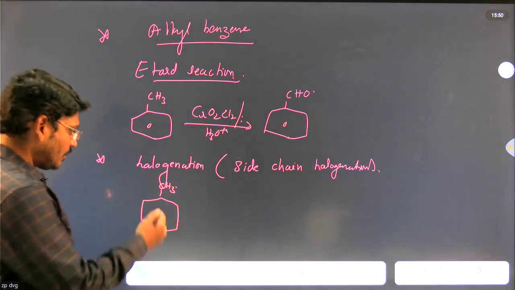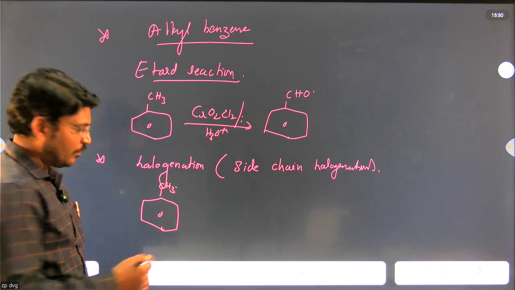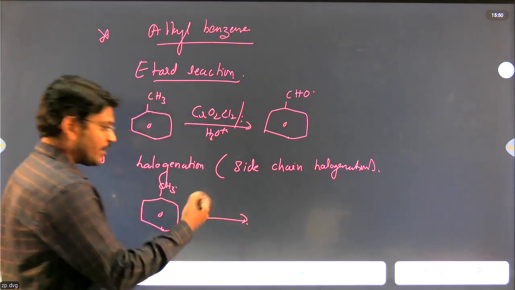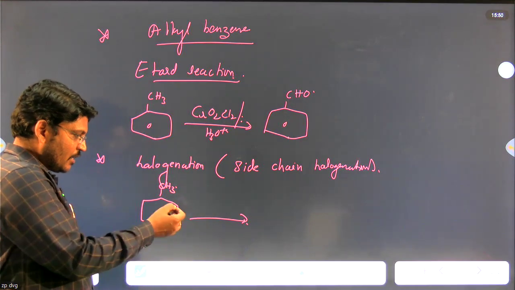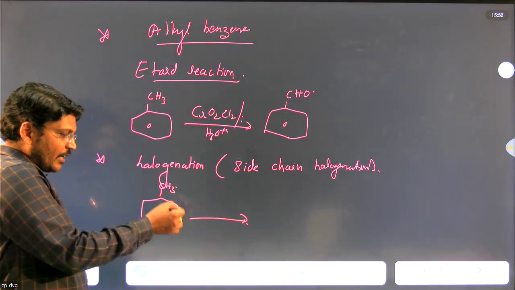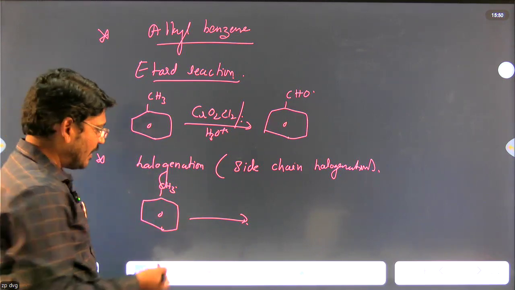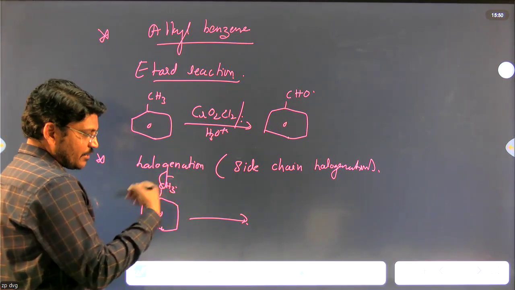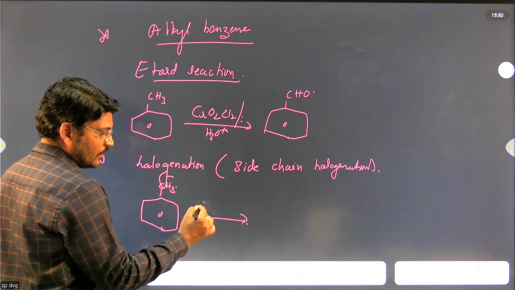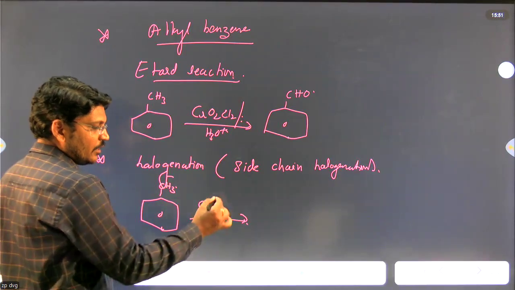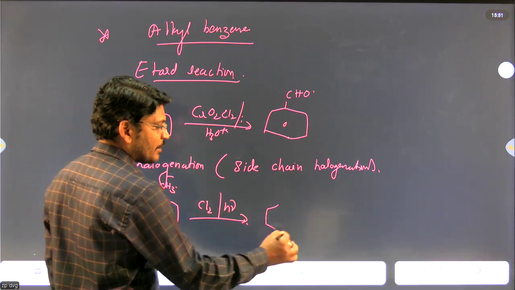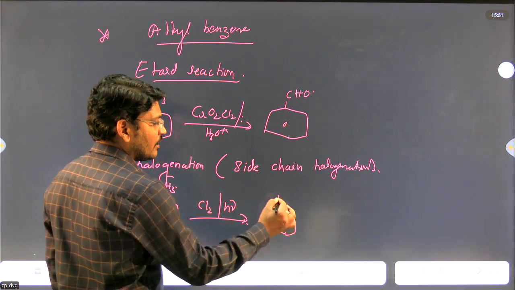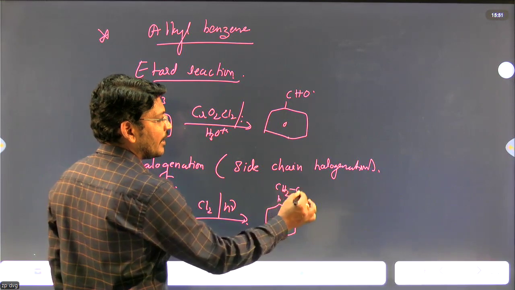We already know that the same benzene which contains a methyl group, if it reacts with chlorine in the presence of anhydrous AlCl3, the halogen is directly attached to the benzene ring. But here we require a side chain substitution. So that's why the addition of chlorine should take place in the presence of sunlight.